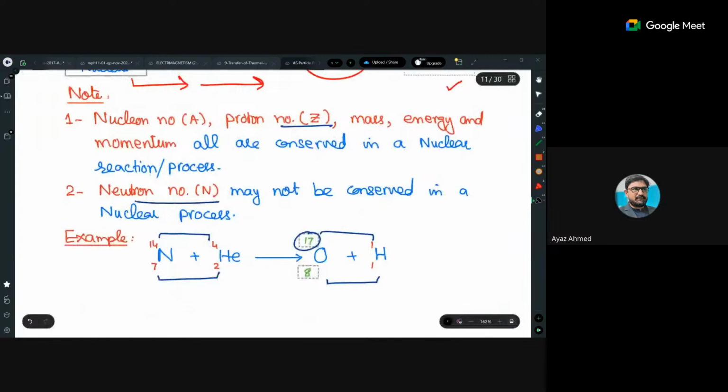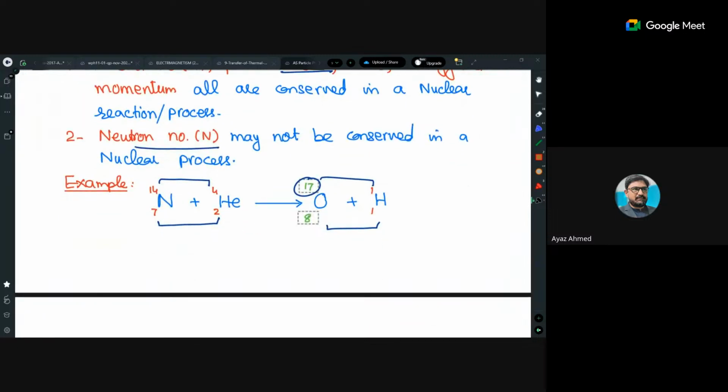The number of neutrons may not be conserved, because, as I will discuss in beta decays, the neutrons are changed. In both the beta decays, neutrons are changed.